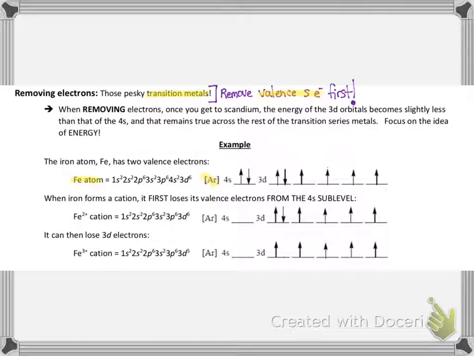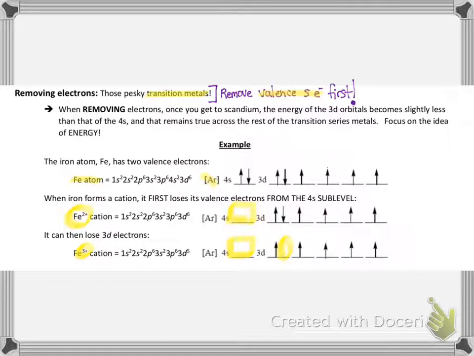But when it forms an ion, so let's see Fe2+, notice, it's the 4s electrons that get stolen first. It's just a thing that happens. And then, only then, if you lose more, because of course you can have iron 2+, but you can also have iron 3+. Well, after it loses those 4s electrons, then and only then do you start stealing electrons from the 3d sublevel. So just watch out for those pesky transition metals.